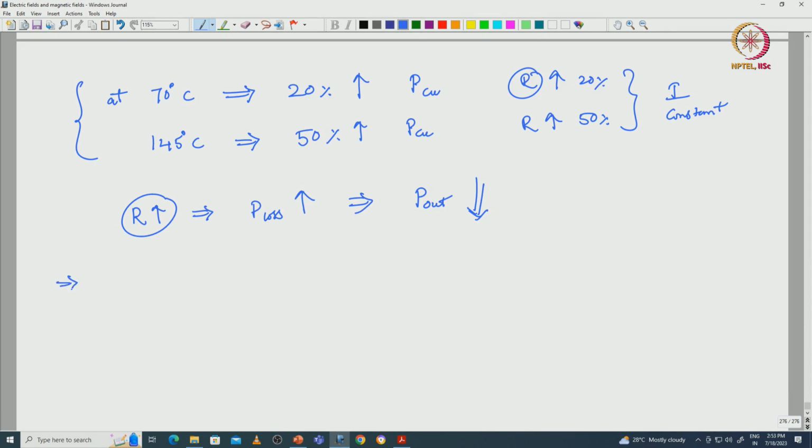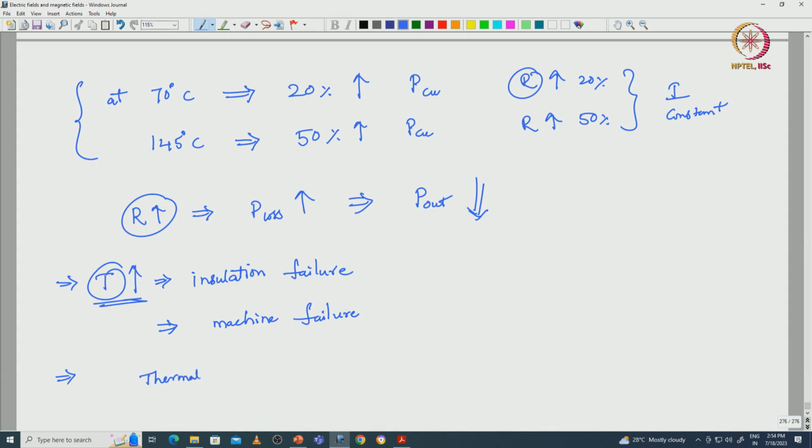And if the machine or winding operating temperature exceeds the safe operating limits, then there is a chance of insulation failure, and it may also result in complete machine failure or shutdown. So, for designing of electrical machines, the thermal aspect or thermal design also plays a significant role.